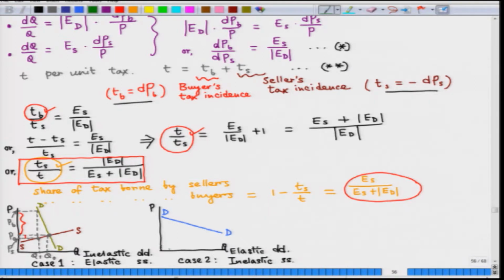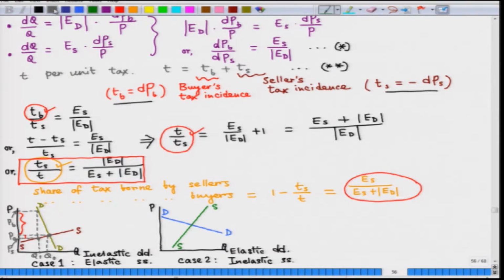That type of supply function, we know, will have a positive intercept along the quantity axis rather than the previous case where we had an elastic supply function which had an intercept along the price axis.